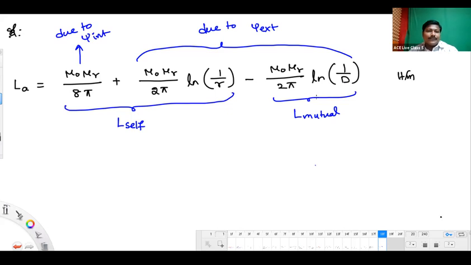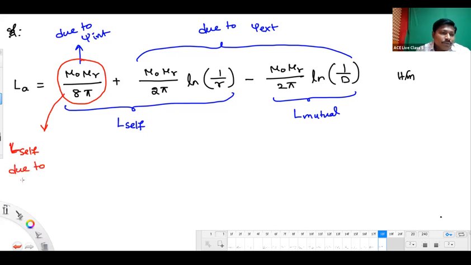Next, tell me, what is this first term alone? Is it self or mutual? It is self due to internal linkages, L self due to internal linkages.